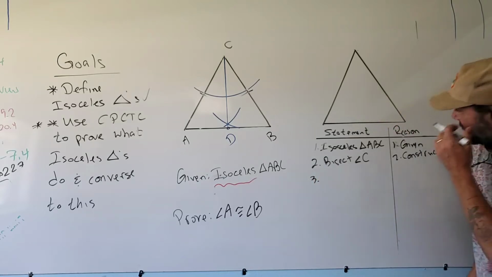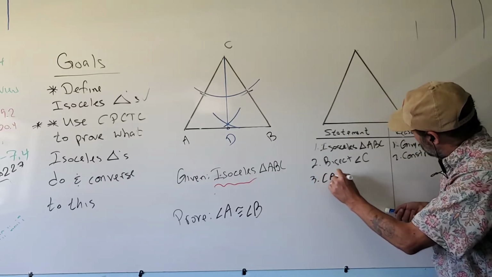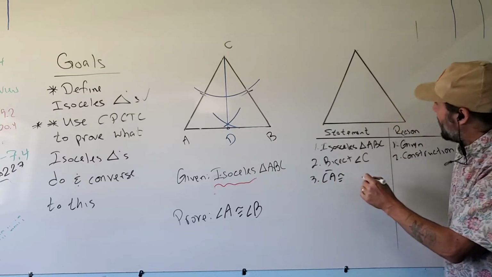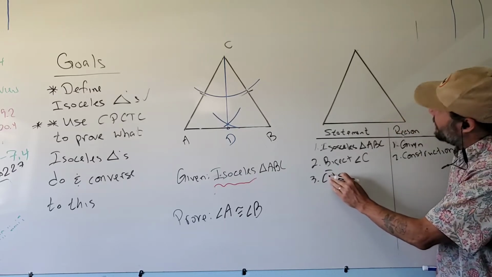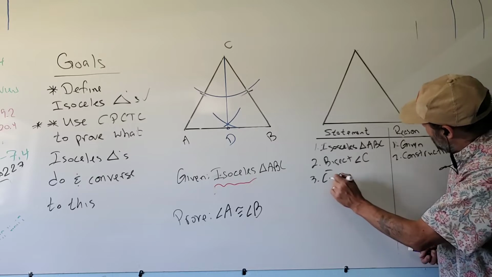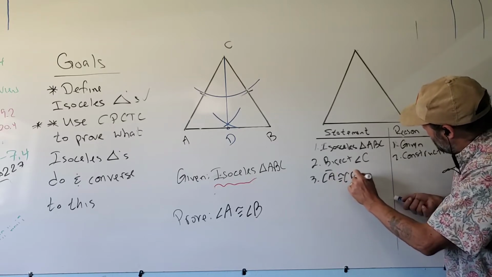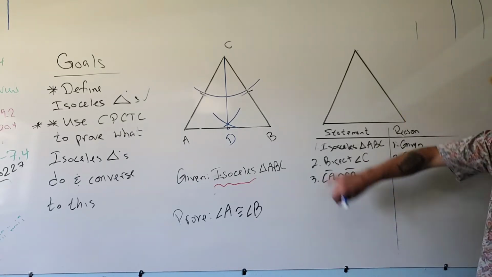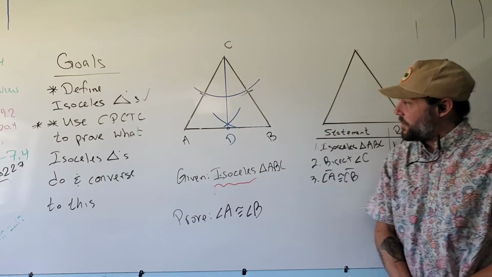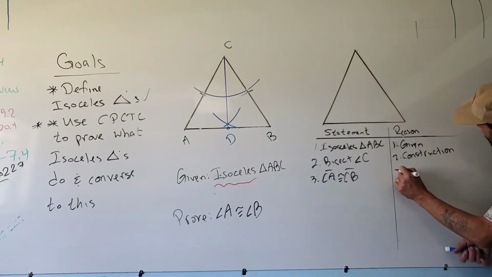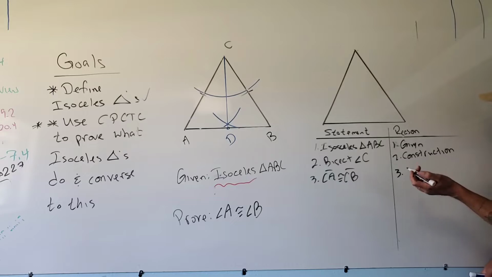I know that side CA is congruent to side CB. I don't know why I erased that. And that's true because these are the sides of my isosceles triangle, right? So I'm going to say this is true because triangle ABC is isosceles.